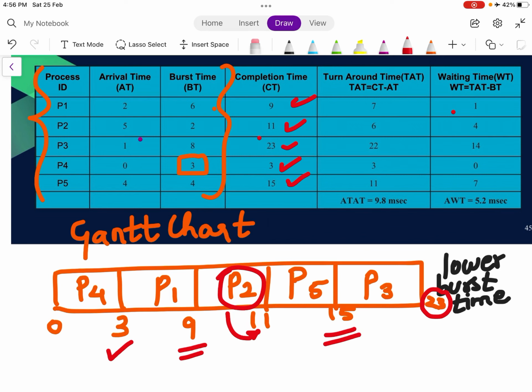So what is turnaround time? Completion time minus the arrival time. Completion time is 9 minus arrival time is 2, that is 7. 11 minus 5, that is 6. 23 minus 1, that is 22. 3 minus 0, that is 3. And 15 minus 4, that is 11.